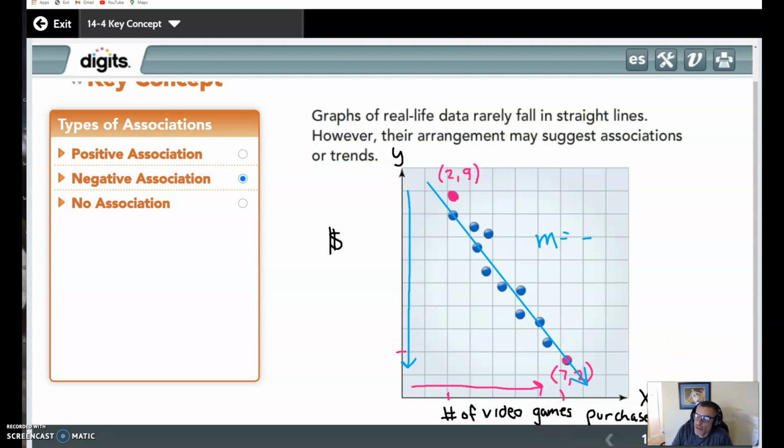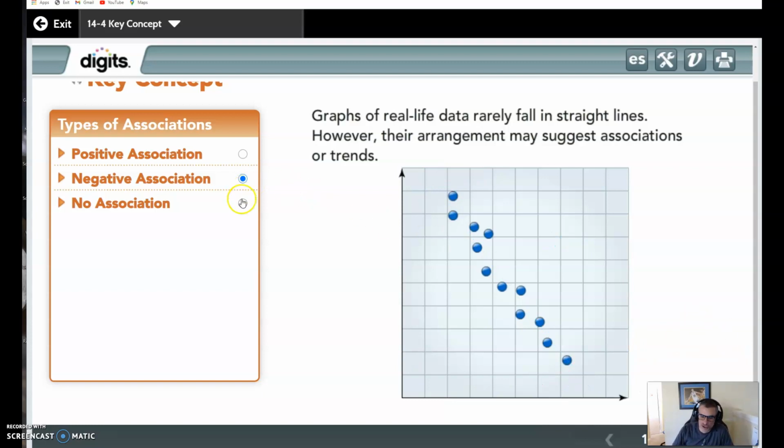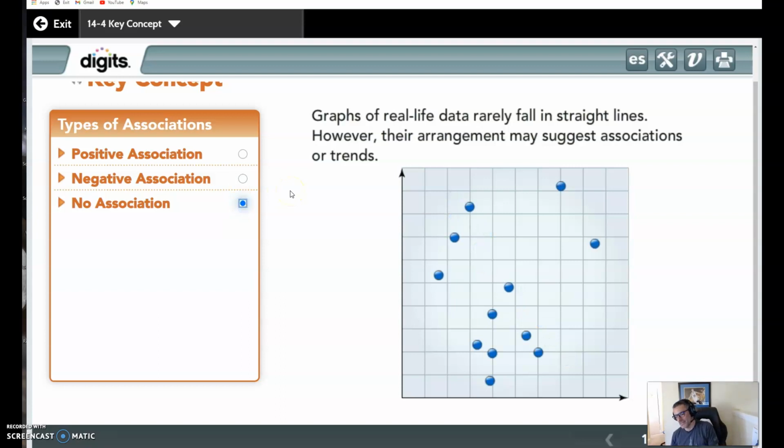And then the last one we have is what we call no association. It means there is no connection between the two things that we're measuring. You end up with dots just all over the place. There's no clear pattern or trend here. So an example of this, here's my x-axis, here's my y-axis. Let's go back to a test score.